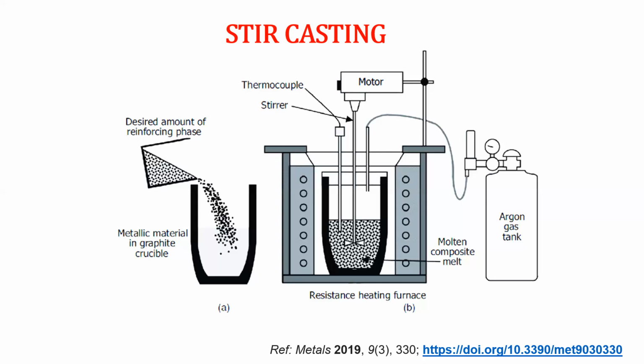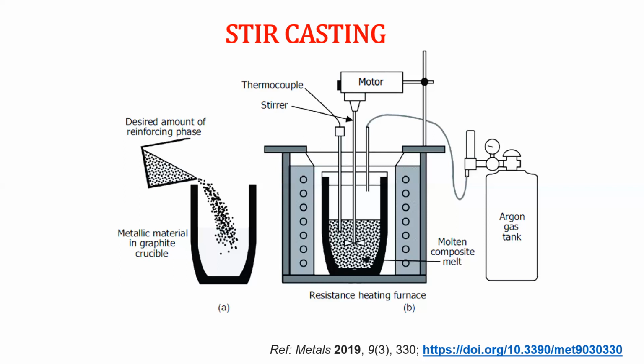For example, if you melt magnesium, magnesium is highly reactive, so we cannot do the melting process in the atmosphere. In order to make the environment safe, we use the argon gas. We also have a mold setup here. After the melting and stirring process, the molten mixture will be transferred to the mold.